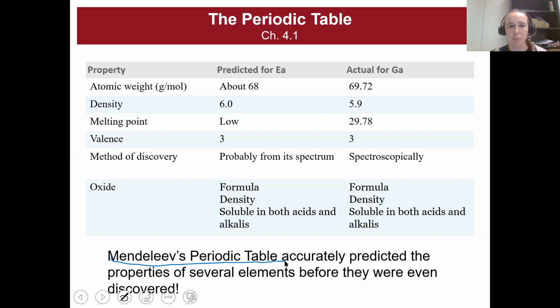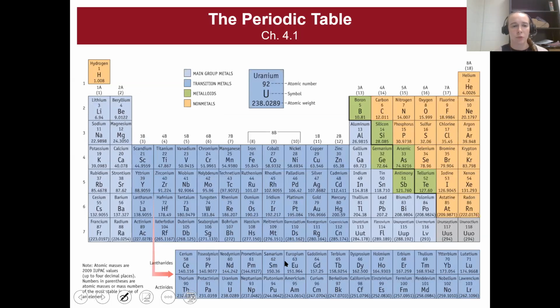Most of the time it corresponded to both, but every once in a while, like argon and potassium, we found these exceptions where it corresponded to the undiscovered atomic number instead of the mass. So we'll take a look at this again.